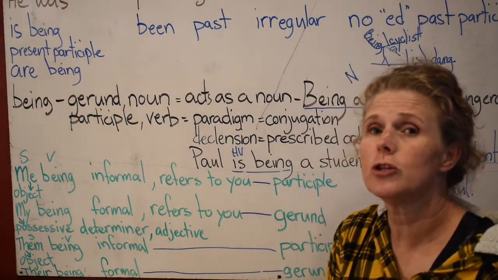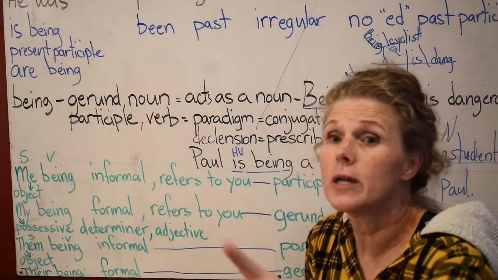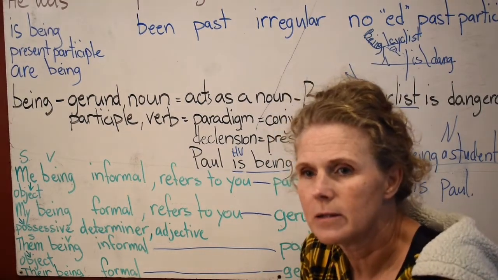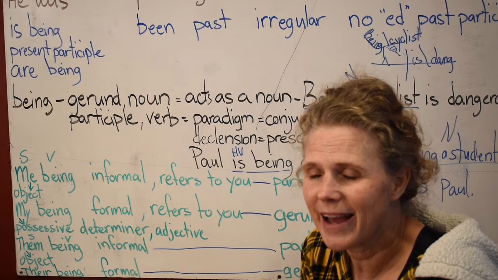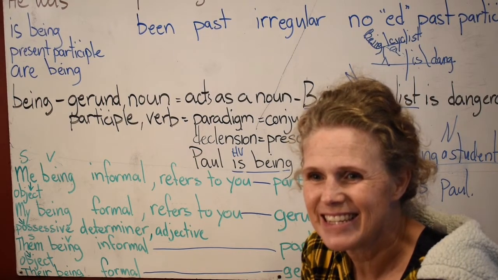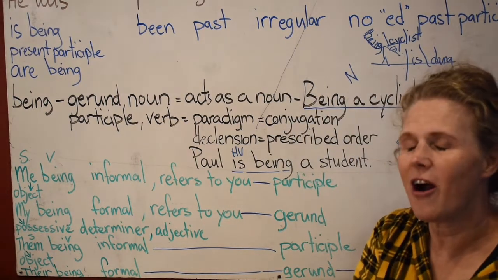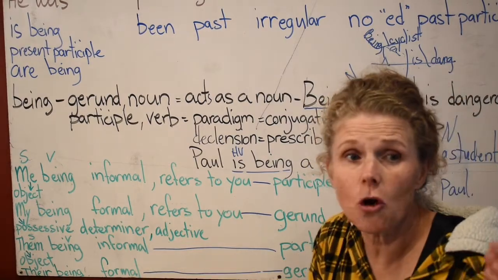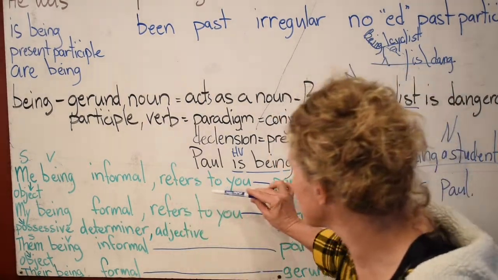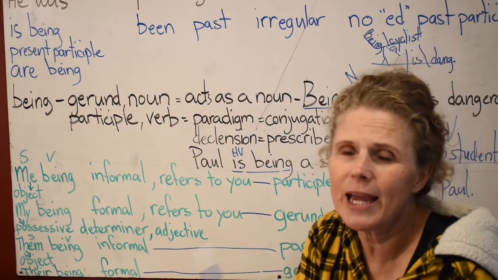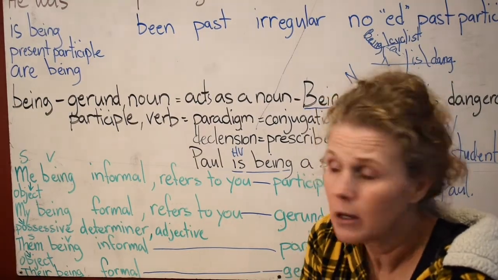So that's when you would use your subjects: you and I. I and you being crazy? No, it would be you and I. So this is the only time you can use that, when you're referring just to yourself. You can't add another pronoun with that.